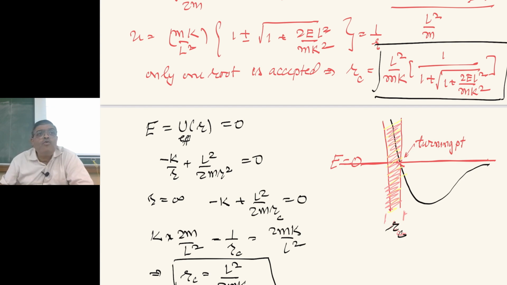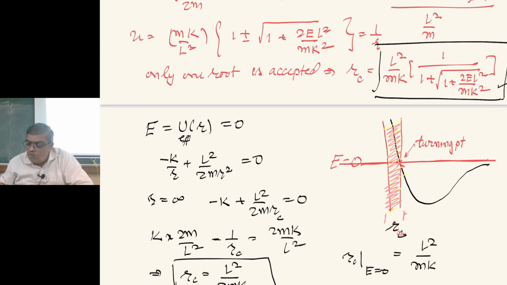If I put E is equal to 0 in this equation, in the outlined equation, what do I get? I'm going to get RC for E is equal to 0. I get L squared by mk times 1 by, there is a 1 here plus a 1 here. So that is equal to L squared by twice mk, which is the same answer that we got over here.